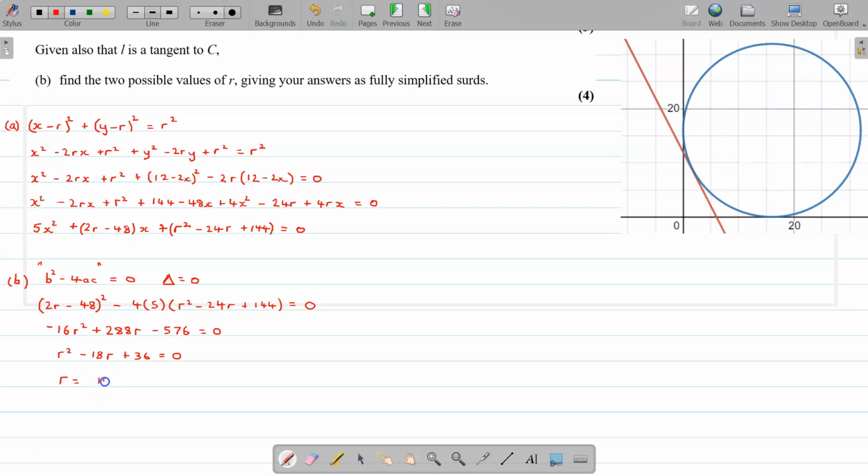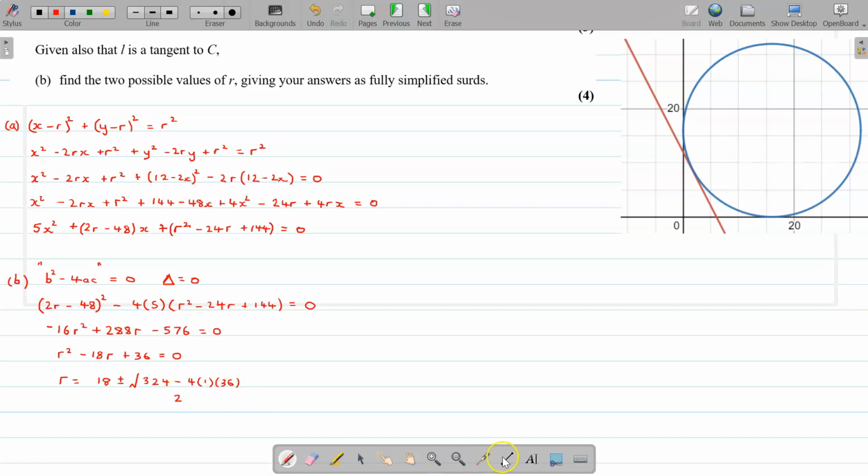18 plus or minus the square root of 324 minus 4 times 1 times 36, substituting into the quadratic formula, all over 2.